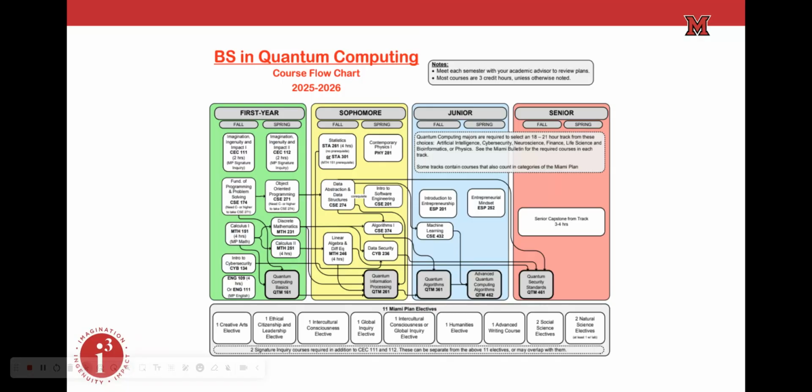You do not have to follow this specifically, but you do have to follow the arrows as they go from one class to the other. So I will give you some time to look at this flowchart and get familiarized with all of these classes to see if this is something you would do and be interested in changing your major to quantum computing.